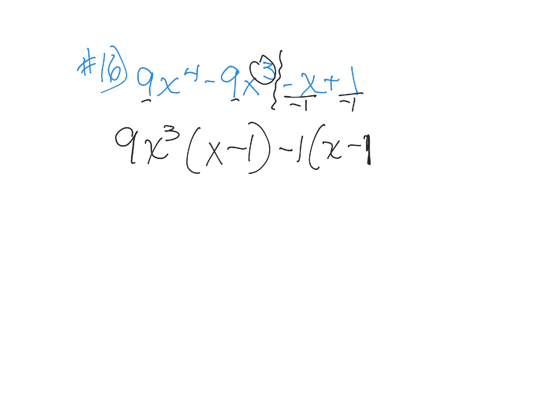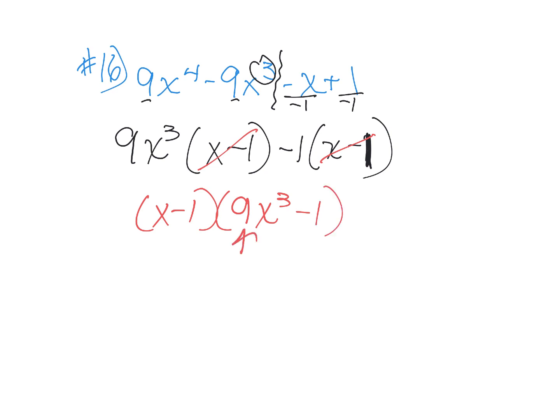And I'm back to my common factor that I need. X minus 1, and then 9x cubed minus 1. Here's a tricky one. Is 9 a perfect cube? No. Correct. So we are done.